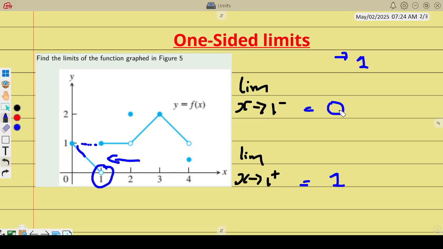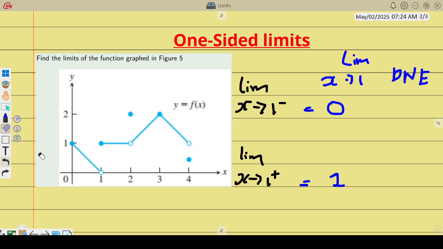Since from the left it's 0 and from the right it's 1, the final limit does not exist. So you conclude therefore that the limit when x is approaching 1 does not exist. So let's practice on another one.